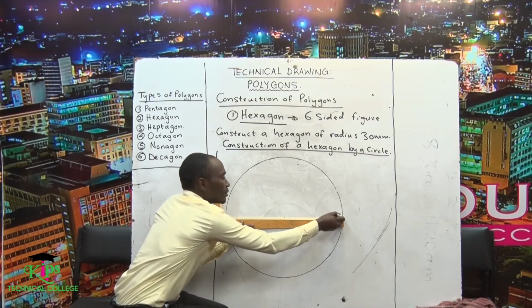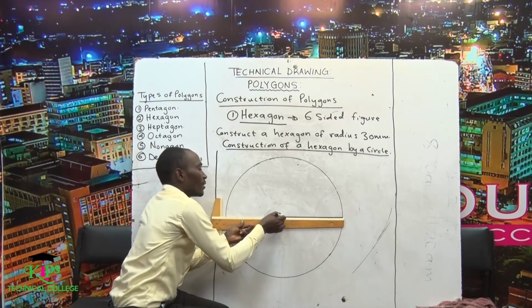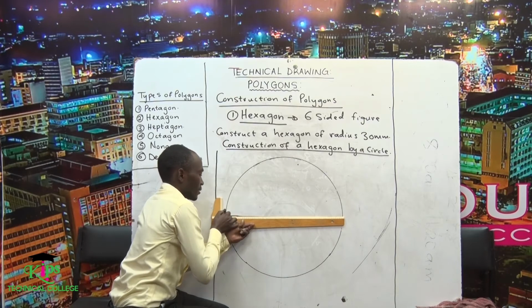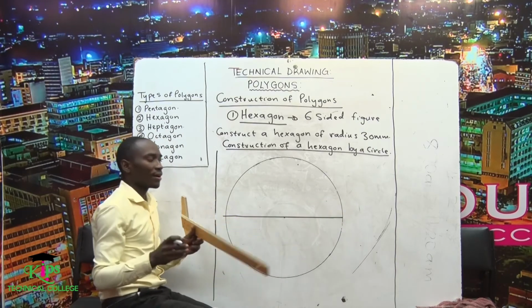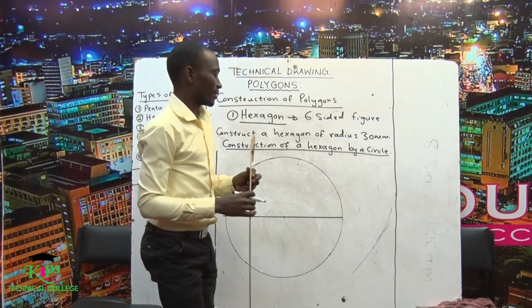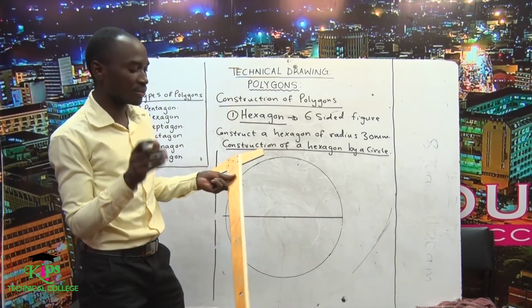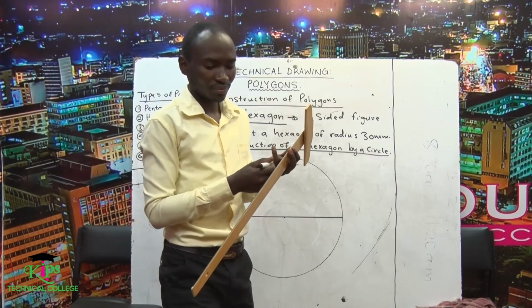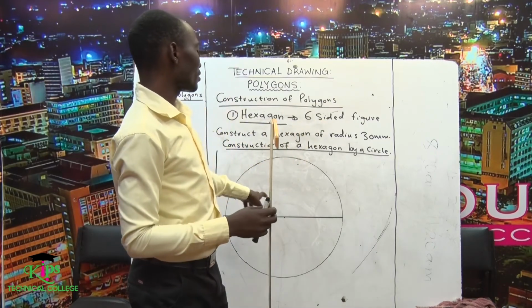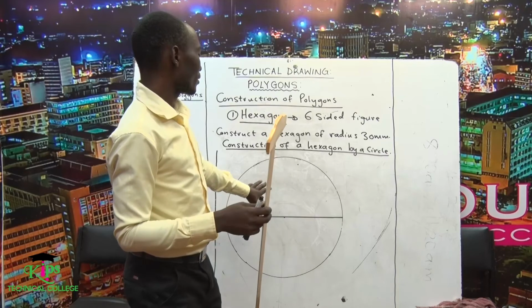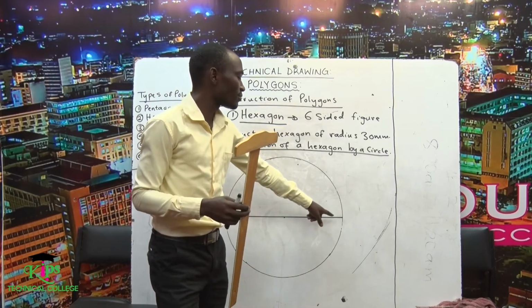Then you will draw a line, and the line should not be bold. It should not be seen that much. Now this is your line.